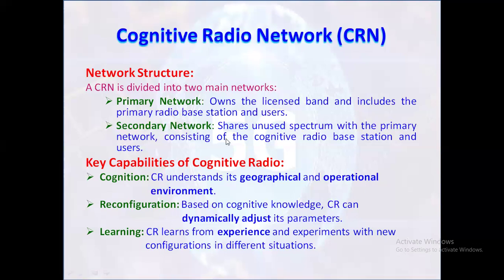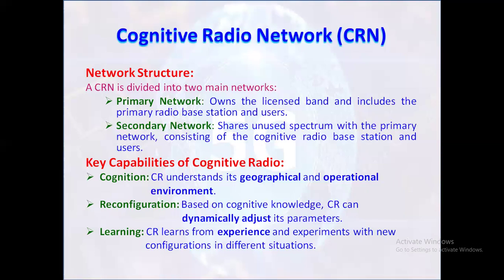Next, the key capabilities of CR, cognitive radio capabilities. These three functions are very important. The first one is cognition. One of the primary features of cognitive radio is its ability to understand its environment. CR can detect and interpret information about its geographical location and the operational conditions of the network.